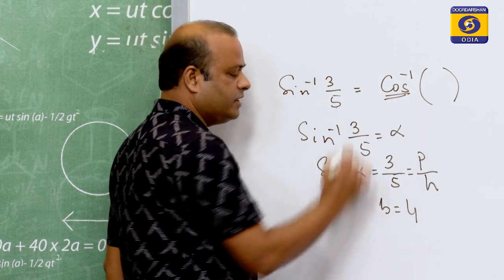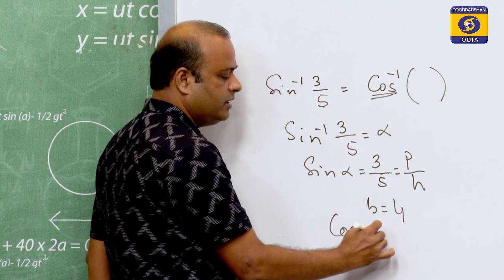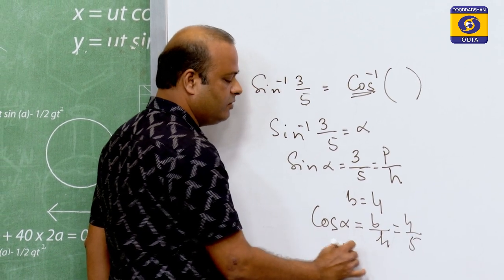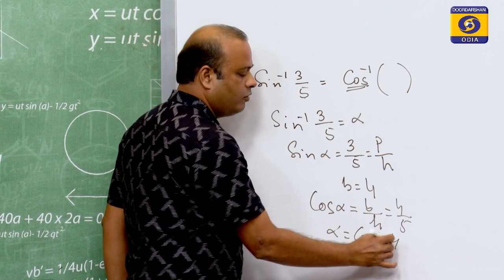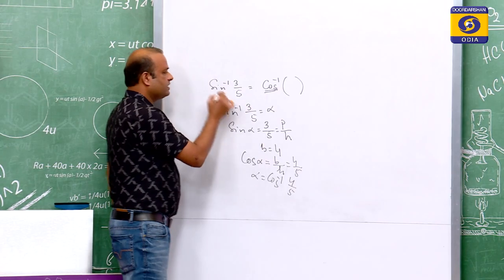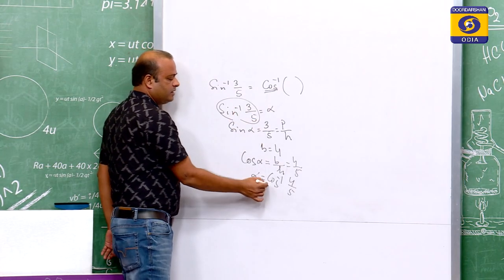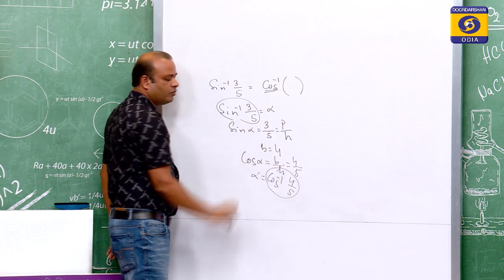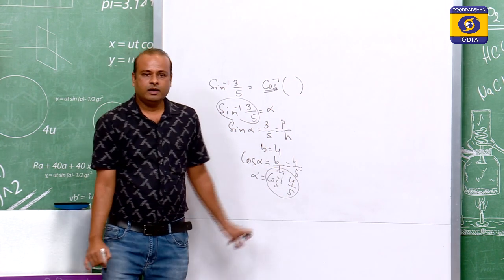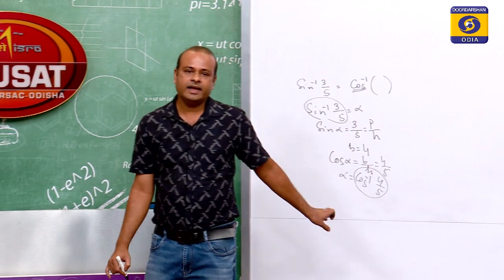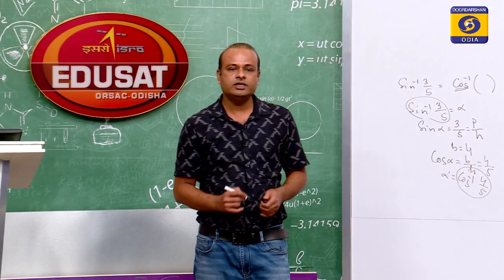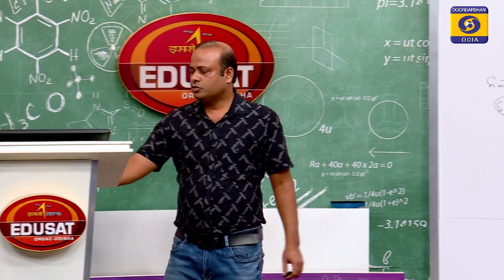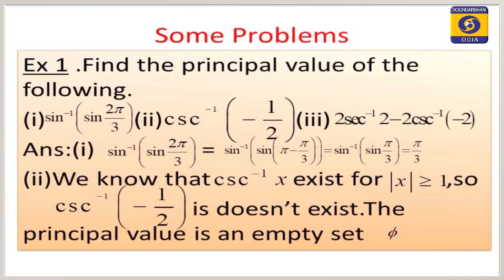You have to convert it into cos, and cos alpha is equal to b by h, that is 4 by 5, and alpha is equal to cos inverse 4 by 5. So this one is your alpha, again this one is your alpha. So sin inverse 3 by 5, you can write as cos inverse 4 by 5, or you can directly remember the formula sin inverse x is equal to cos inverse root over of 1 minus x square.